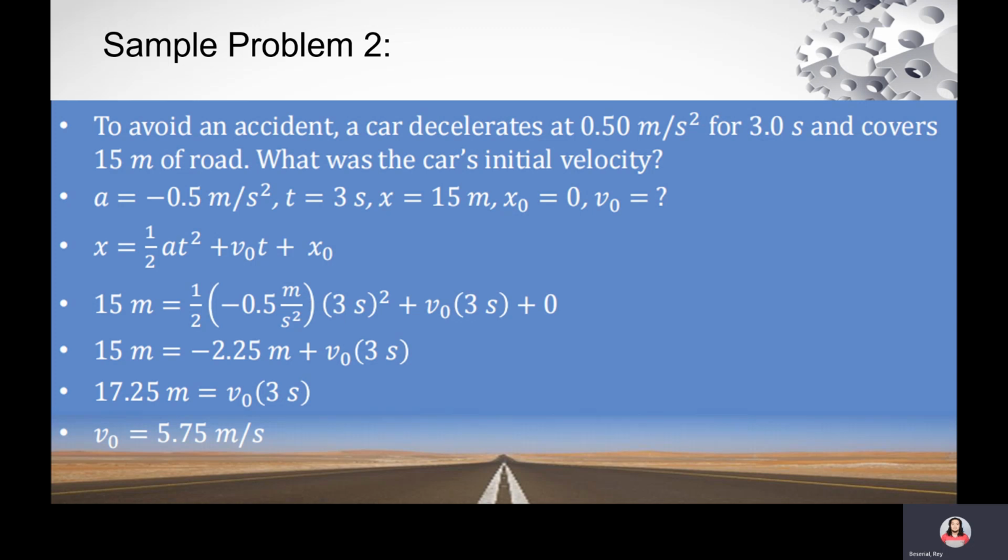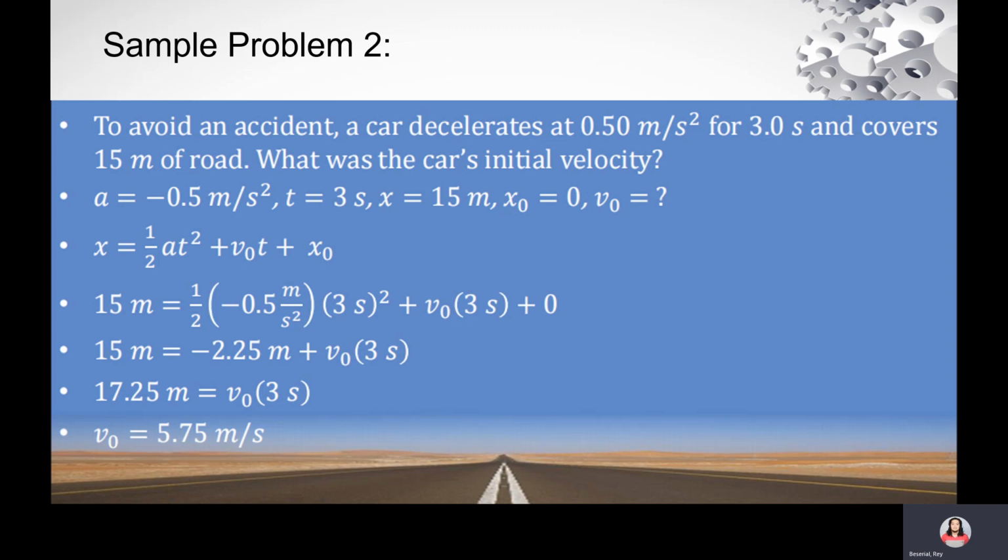So, ito na yung ating equation. So, isa lang yung ating unknown variable, pwede na natin ito siya i-shift solve sa calculator. So, pagka-shift solve niyo sa calculator, input yung mga value, shift solve, may value na lalabas na 5.75 meter per second para sa initial velocity.